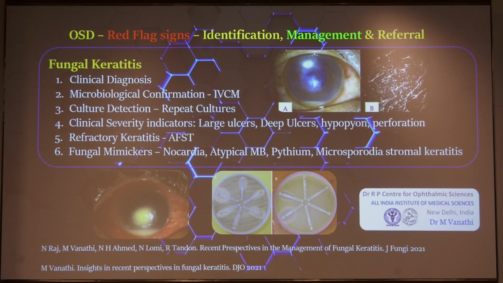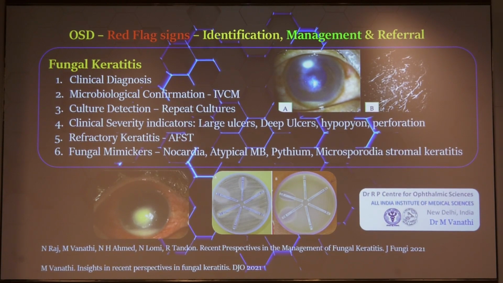That's an important clue in a refractory scenario of fungal keratitis, because we know all these atypical scenarios could mimic one another, and a delay in diagnosis worsens the morbidity and increases further complications in these diseases.